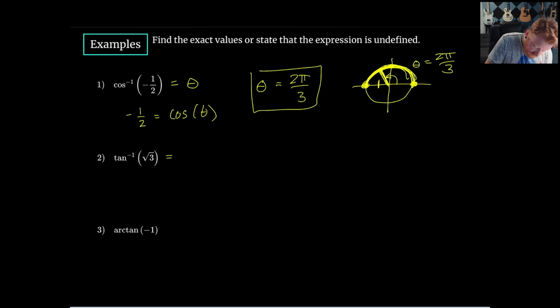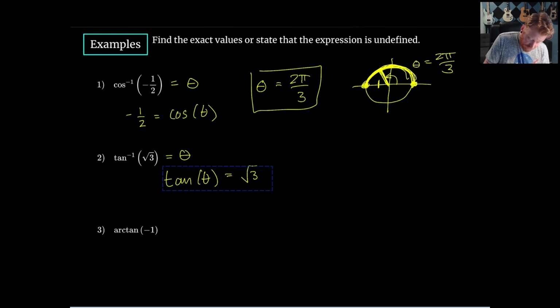We're still looking for some angle theta, that when we take the tangent of theta, we get the square root of 3. So if I think about taking the tangent of both sides here, we would get that the square root of 3 is equal to the tangent of theta. So what we can do here, maybe if I write this the other way around, just to give myself a little bit more space here, I've got the tangent of theta equals the square root of 3.